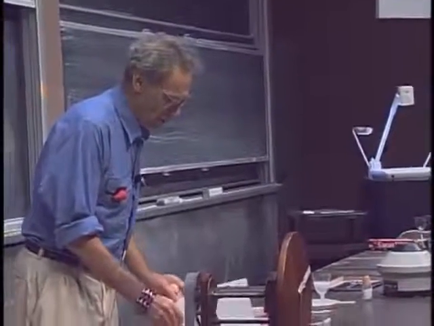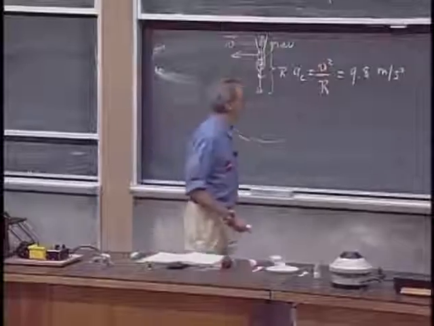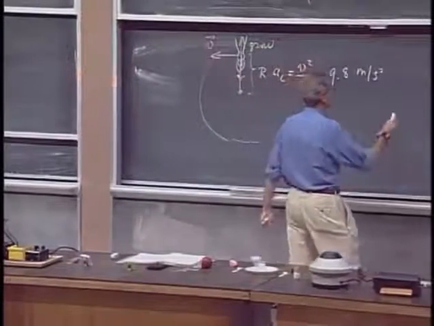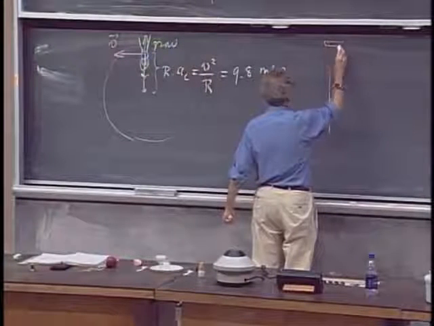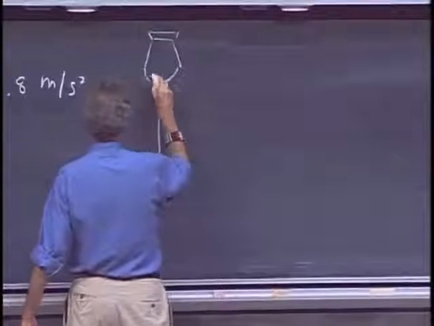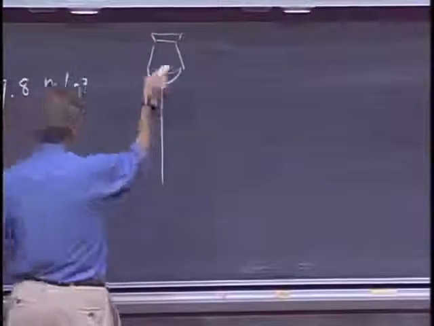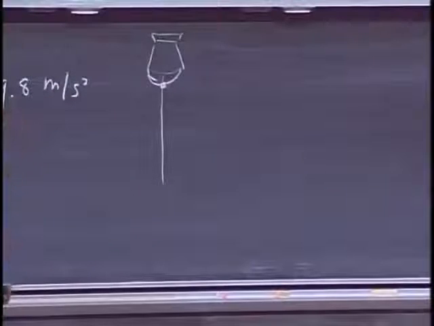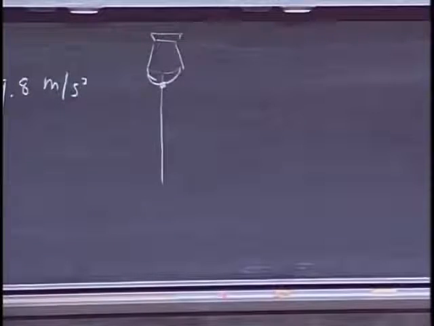It is so real that if I took a bucket of water instead of you, and here is the bucket of water, I attached to the bucket a rope, I swing it around such that the centripetal acceleration is substantially larger than 9.8.